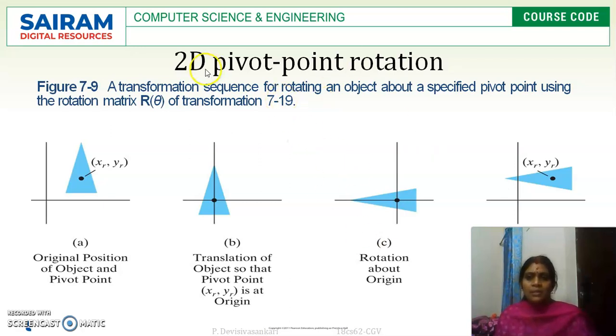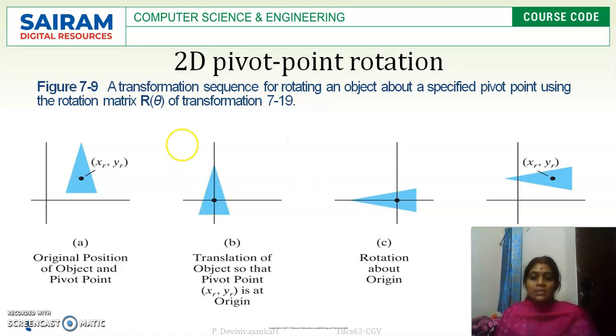So what is happening here is, first of all, there is an object somewhere. Inside it we select one point, the pivot point xr and yr. This is the original position. The first condition is that we have to bring this xr yr pixel back to the origin. Why do we need the origin? Then only we can do all the transformations in an easier way, right?